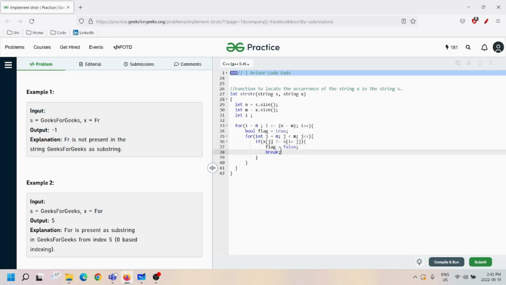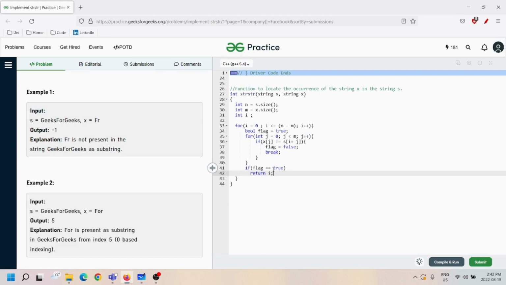All right. Now, with the completion of this for loop, either we were able to find the string or we were not; those are the only two possibilities. So before starting the next i position, we always check whether this flag is true or false. If it is true, then we were able to find it, and that is when we return i.